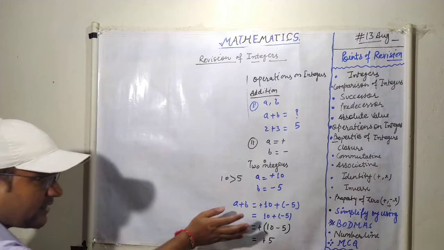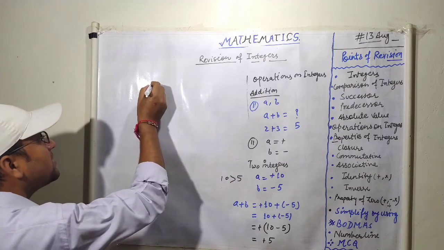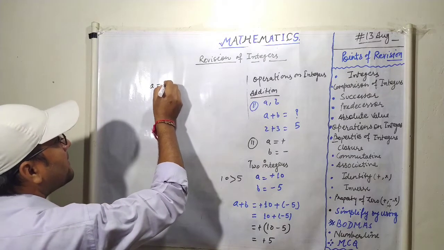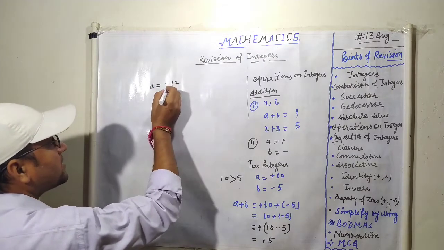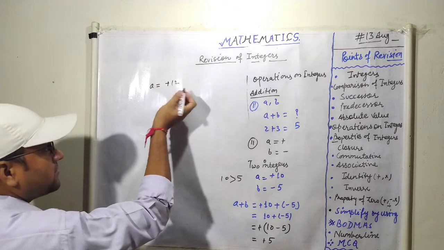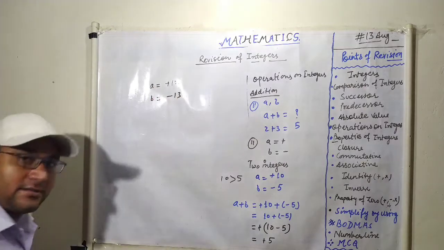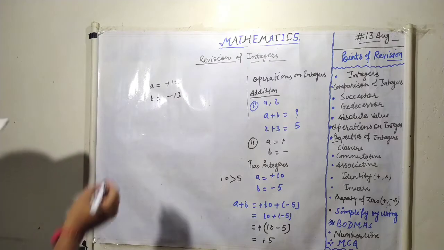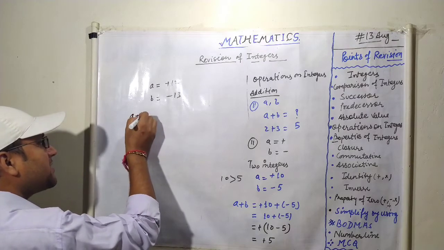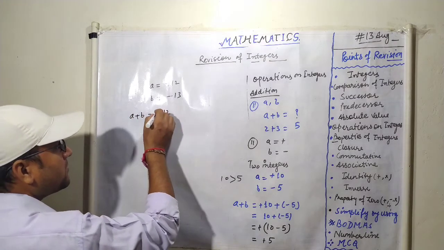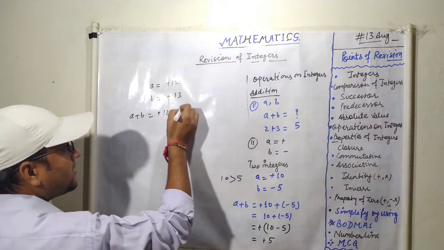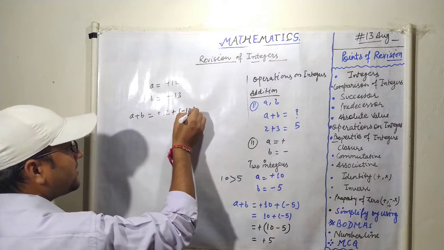One more thing in that one. Suppose a is plus 12 and b is minus 13, okay. So in this case, same thing, a plus b, a is 12 plus here is a minus 13, okay.